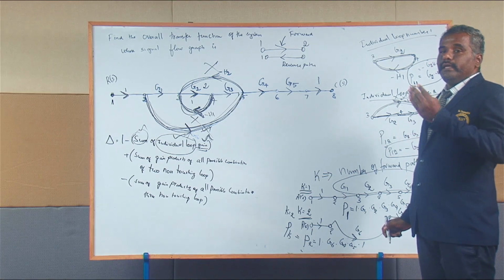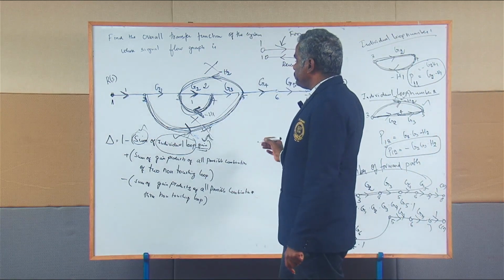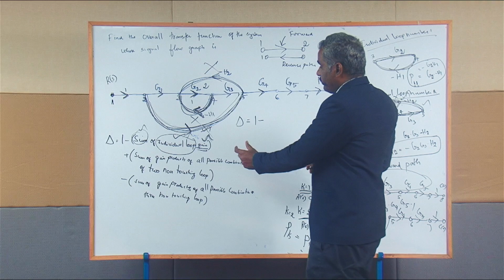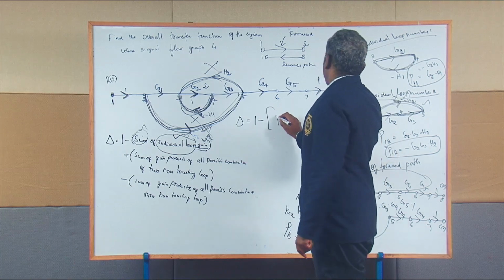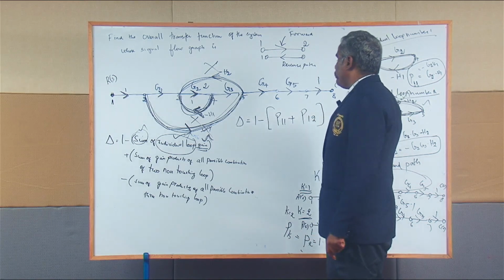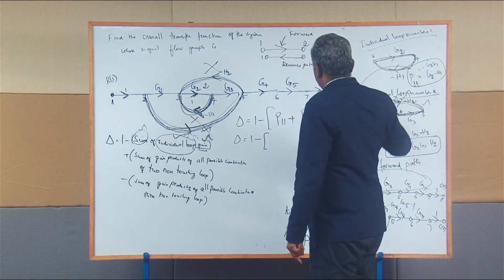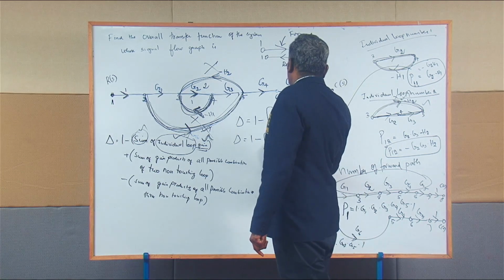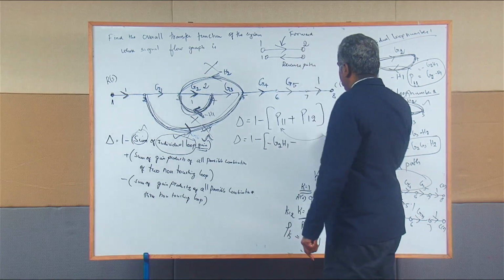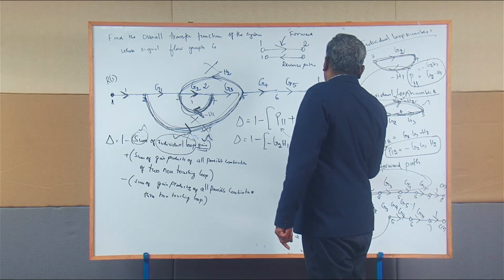After representing the gain values, only then may you go with the sum, with the value of delta, which is equal to 1 minus the sum of individual loop gains, 1 minus P11, where P11 is the first individual loop gain and P12 is the second individual loop gain. So delta is equal to 1 minus P11, which is represented as minus G2 H1, minus P12, which is written as minus G2 G3 H2.